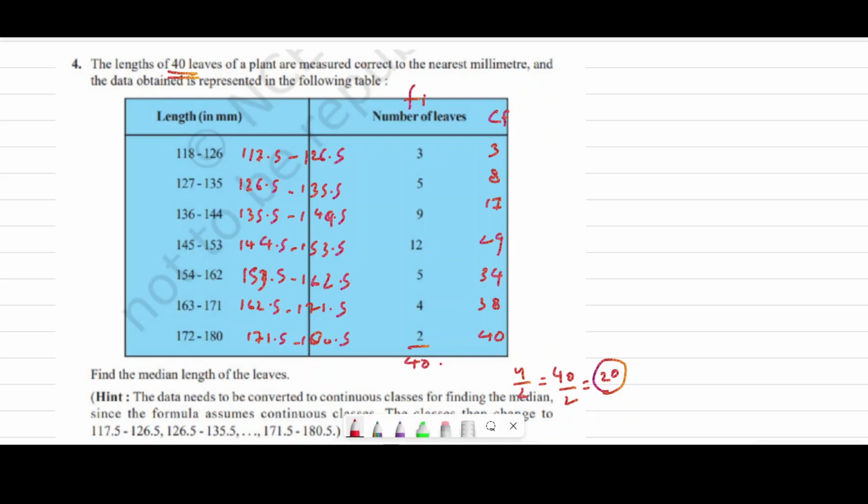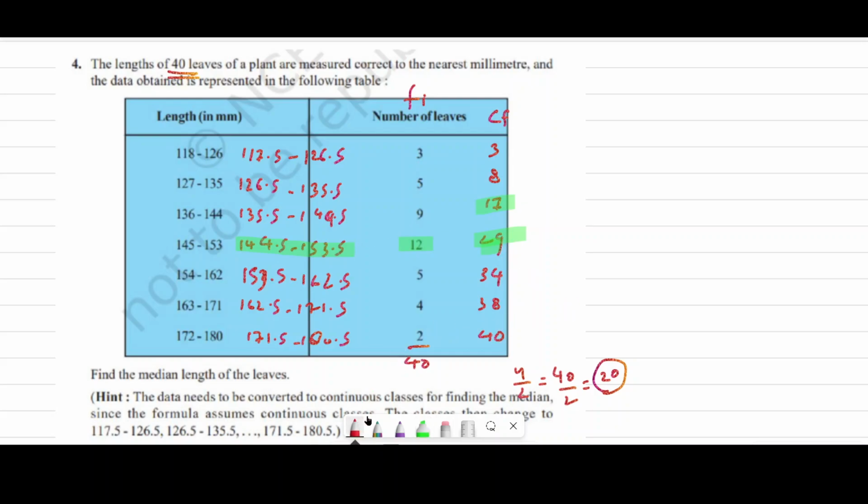Now where is 20? Here, at 29. This class is essential to find the answer.